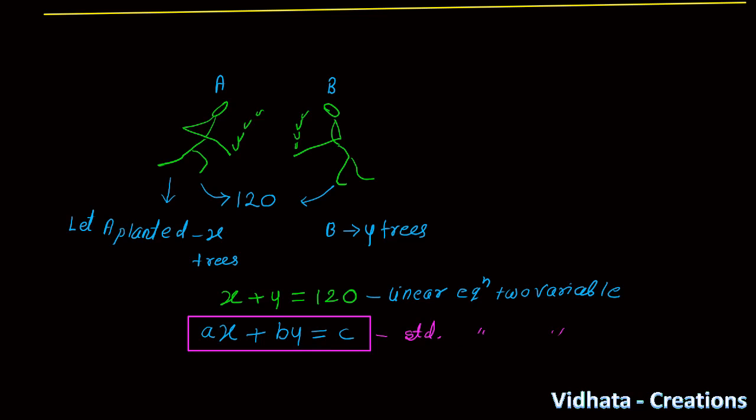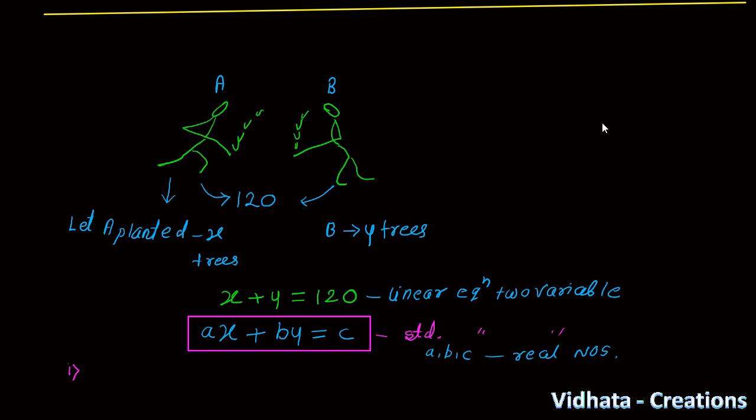Let us see some more examples of the linear equation in two variables. They are in the form of ax plus by plus c is equal to 0, and here A, B, C are constants, which can be any real numbers, and x and y are variables.